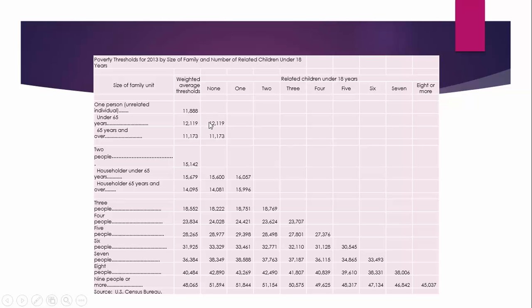And if you are, let's say, married and you have 2 children, so there's 4 people in your household, if your combined income is less than this, then you too are in poverty, and everyone else in the household. And you can see the scale here.